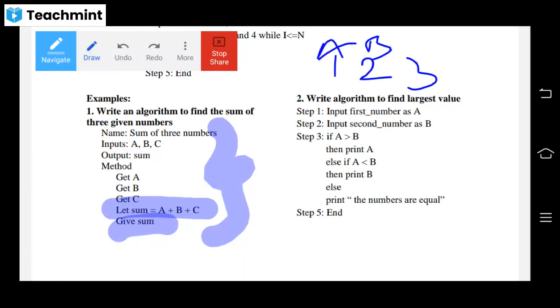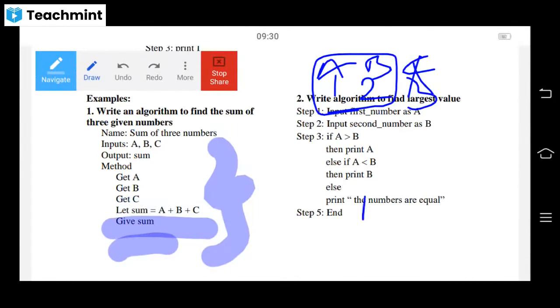These three values are stored in these variables. First we compare two values. After comparison of just the two values, we can check which one is the largest. If A is greater than B, then print A.